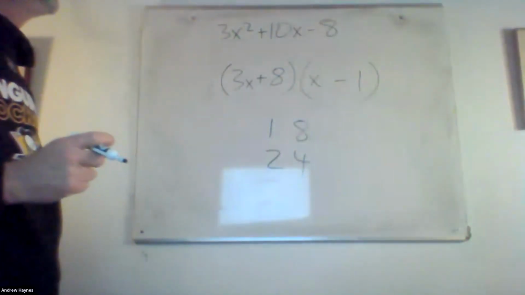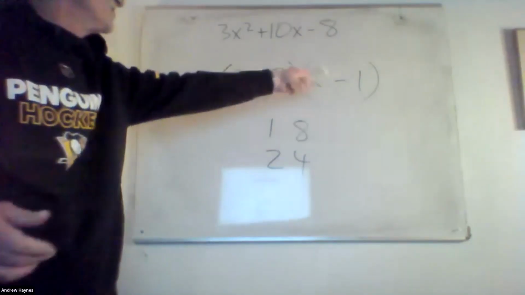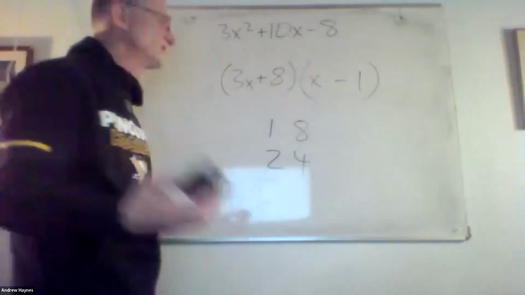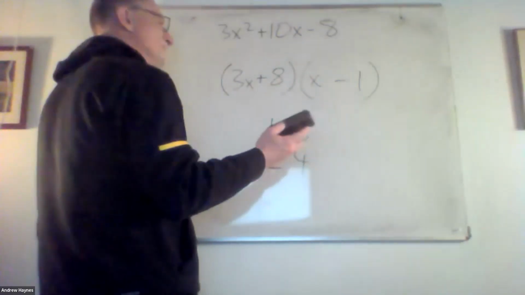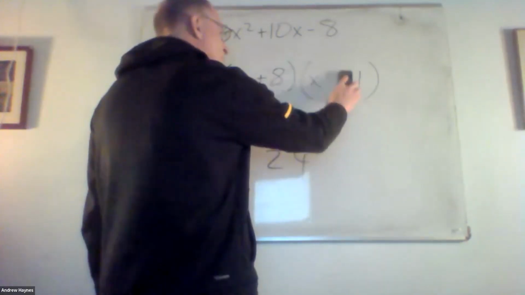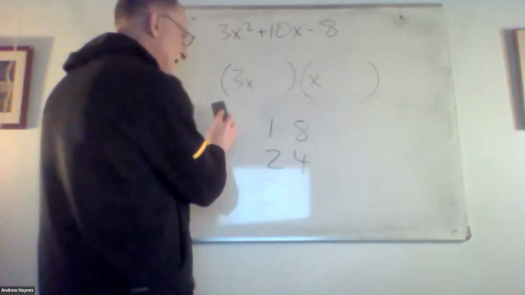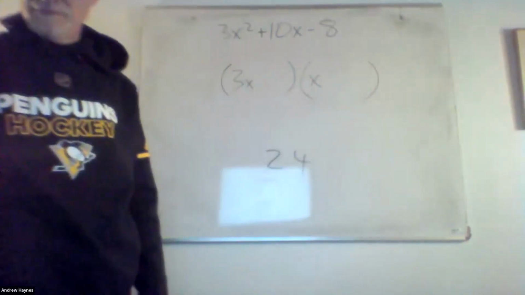But it's going to be plus 8x minus 3x. Is that going to work? No, it's a difference of 5. And if I swap them, I'm going to get 24 and 1 again, which isn't going to work. So guess what? We got a problem here. We can't make it work. So we've tried 8 and 1 both ways, didn't work. So forget 8 and 1. It's got to be 2 and 4.